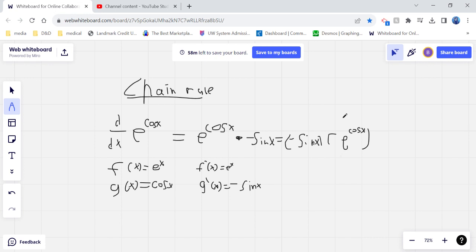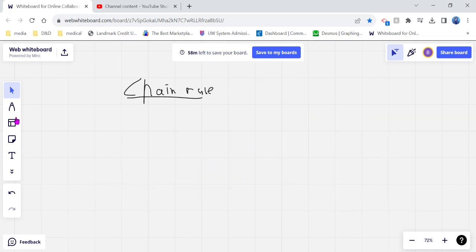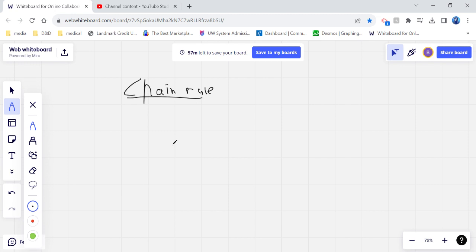And there is actually one more example I want to show you, and that is something that involves chain rule with a combination of other rules. Chain rule is often used with both product rule and quotient rule. But I'll show you the example for product rule here.